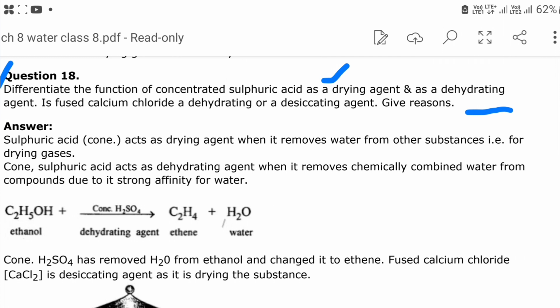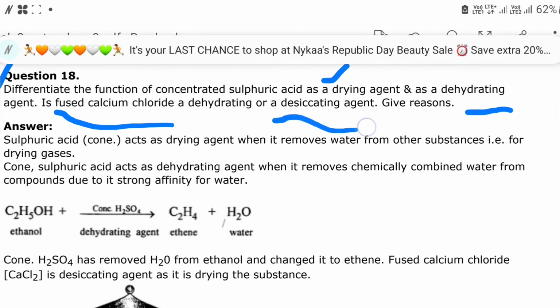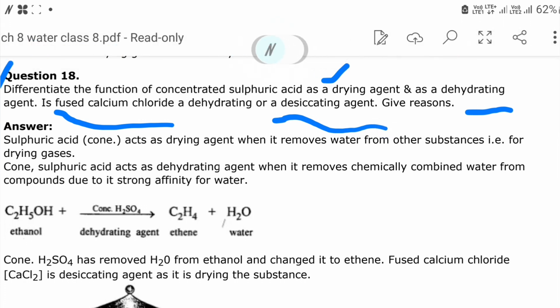Is fused calcium chloride a dehydrating or a desiccating agent? Give reason. Desiccating reagents are those which absorb moisture from any substance. A desiccator is a bowl-like structure in which we put some calcium chloride-like substances and put the substance which is to be dehydrated.